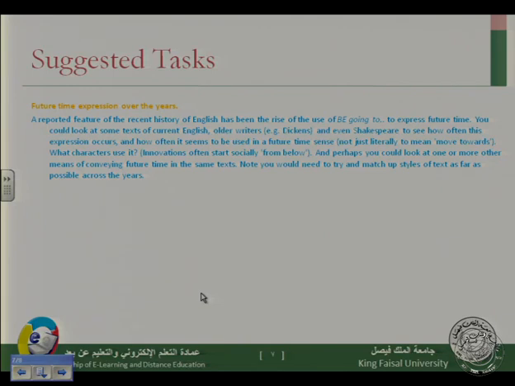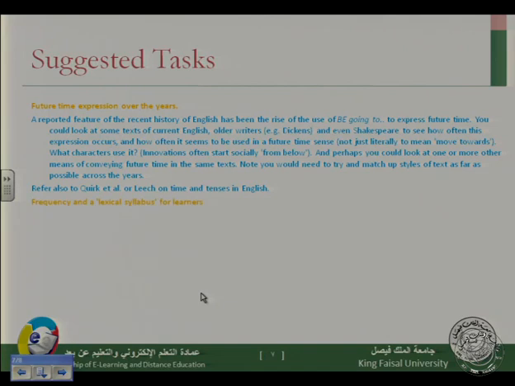So we want to see the development of the language from the past until now, because there are different words whose meanings were changed over time. So this is one interesting way to check. Refer also to Quirk et al., another researcher, on time and tenses in English, to read about verb tenses.